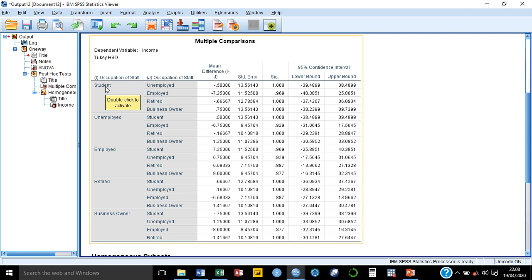We have students as a level, unemployed as a level. So what's the significant difference between student and unemployed? It says here that it's still not significant because the significance value is 1. That's very not significant, not even different at all. Student and unemployed, also very not significant. So by the time you check everything, it tells you it's not significant.